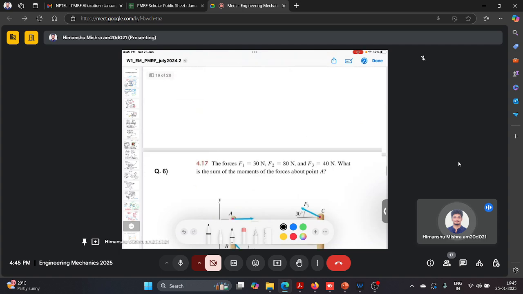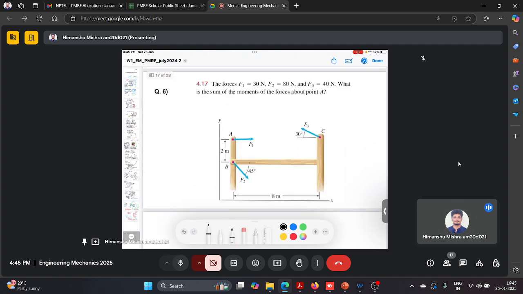So let's move to the next problem. Until now we have been involved in finding the magnitude of the moments, but in most of the problems we actually need to determine the sign or the direction of the moment.